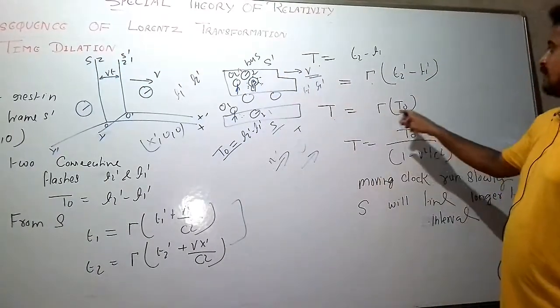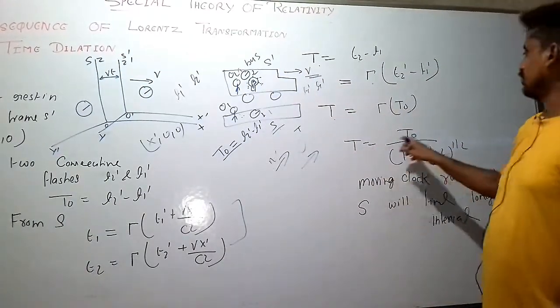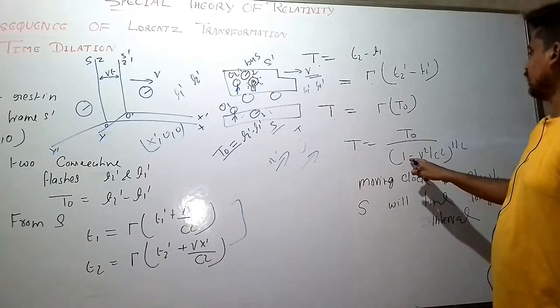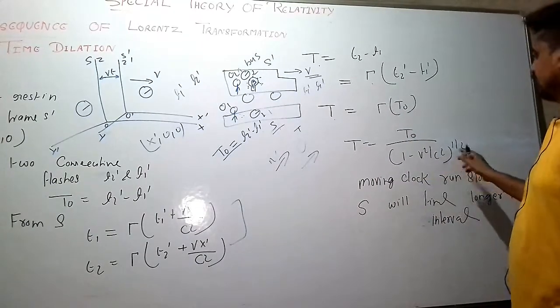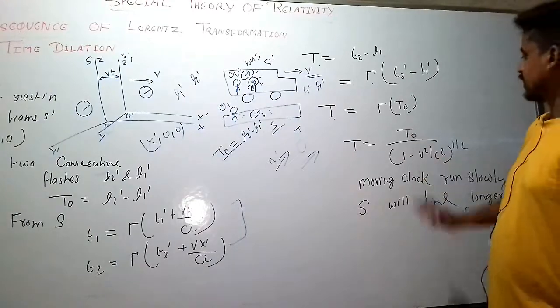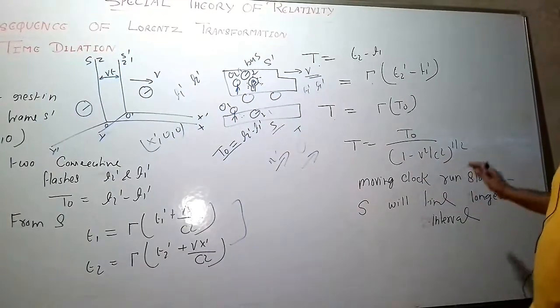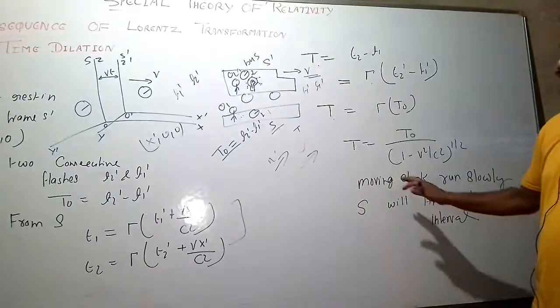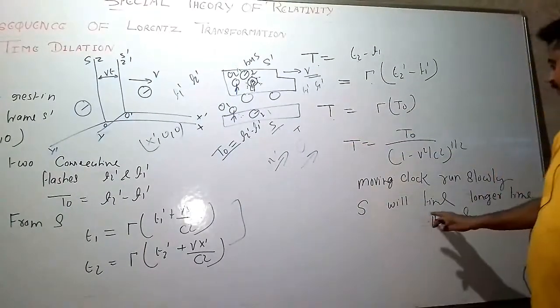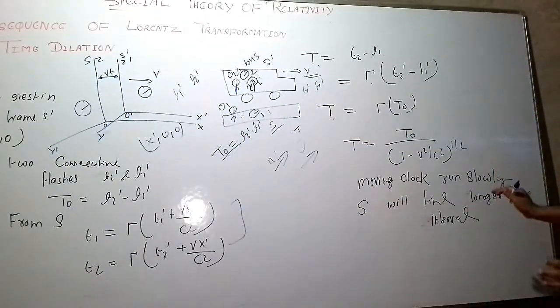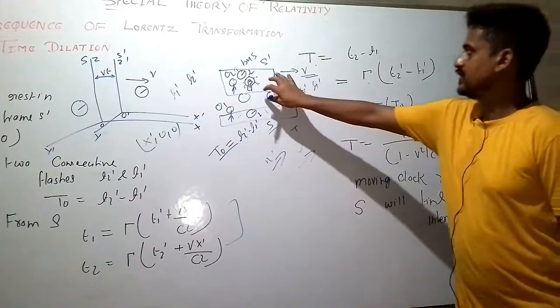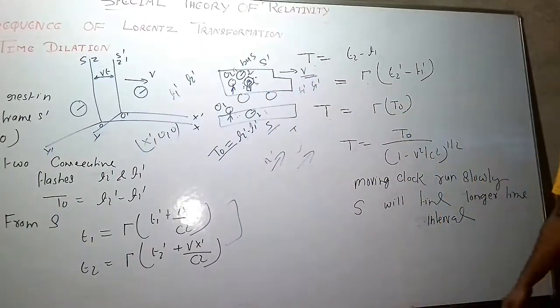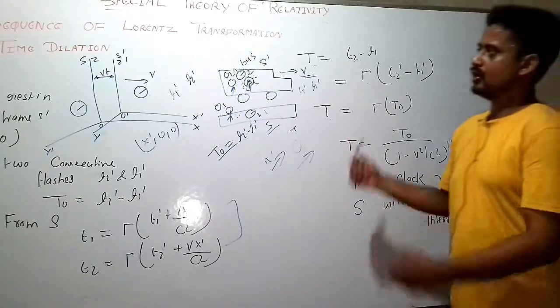So T is equal to gamma T0, or T is equal to T0 divided by root 1 minus v square by c square. This equation tells us that a moving clock runs slowly compared to the unmoving clock. So the observer on the platform S will find a longer time interval between two events compared to the moving observer. This is called time dilation.